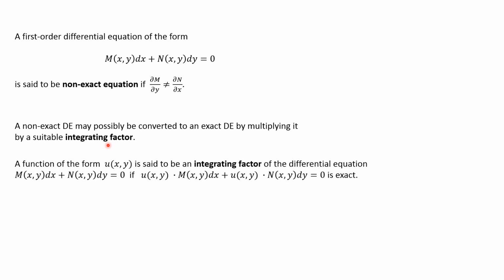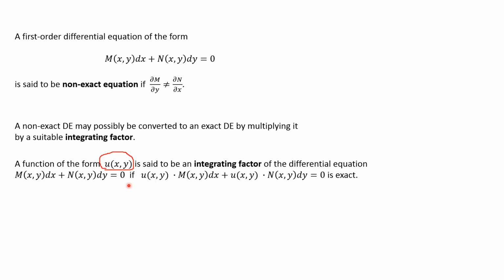Now, if I say that mu(x,y) here is an integrating factor, then multiplying this differential equation M dx + N dy = 0 by that integrating factor will make this differential equation exact.